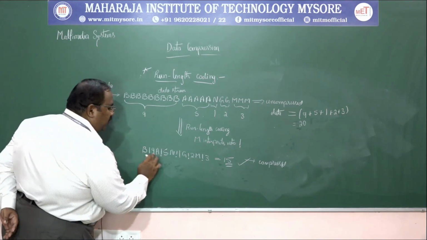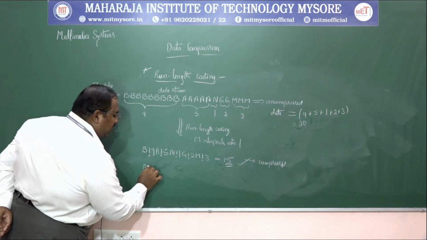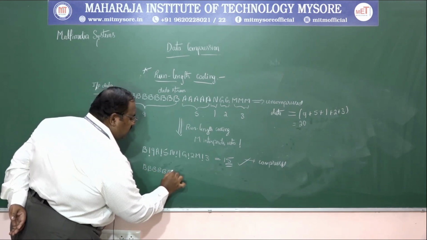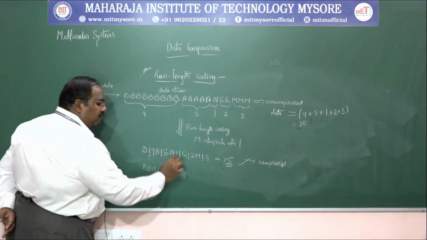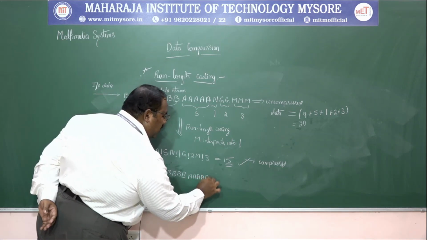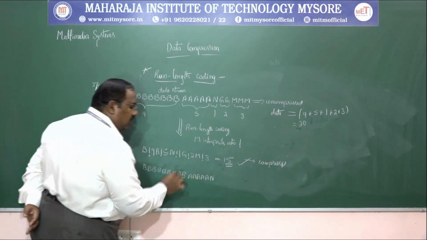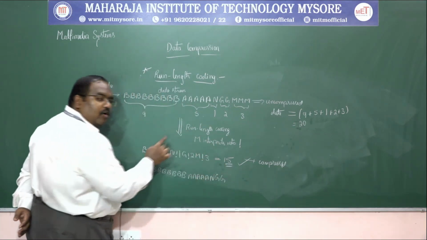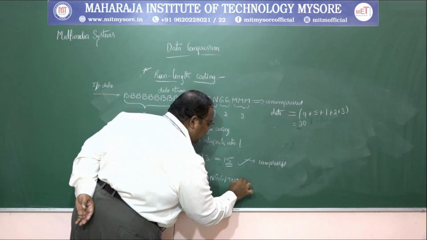Look at this. B, how many times? B with the explanatory symbol 9 means represent B 9 times: 1, 2, 3, 4, 5, 6, 7, 8 and then 9. And represent A 5 times: 1, 2, 3, 4 and 5. N, how many times? Only once. G, how many times? 1 and 2. M, how many times? 3 times: 1, 2 and 3.